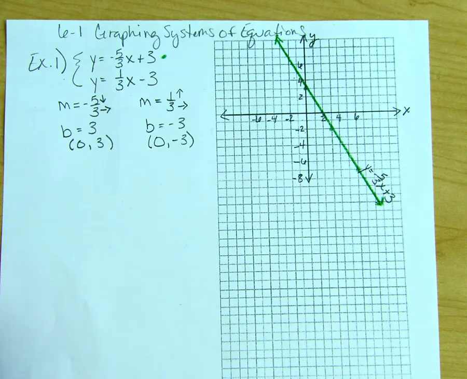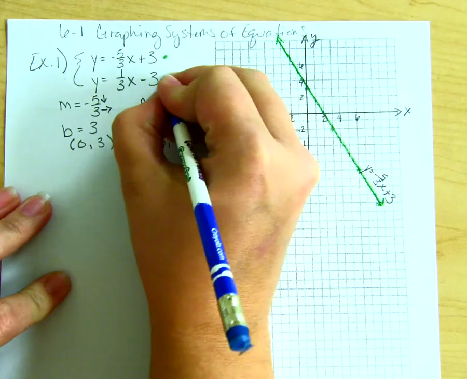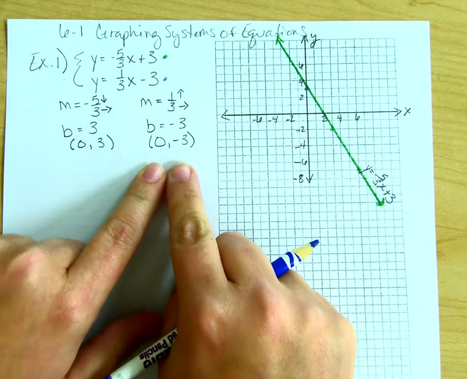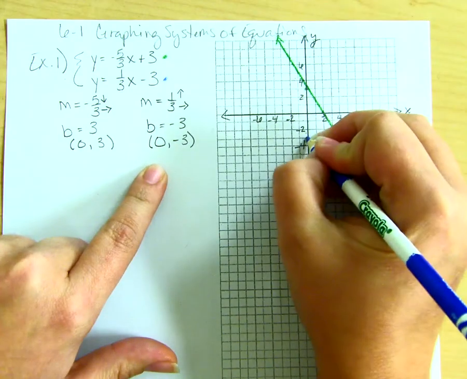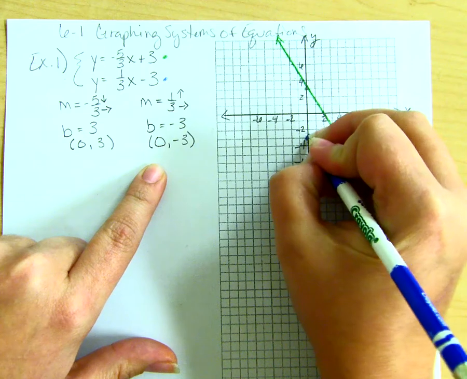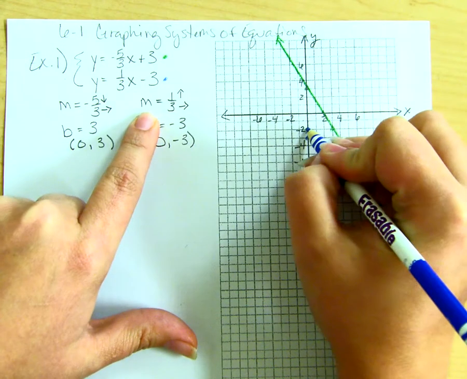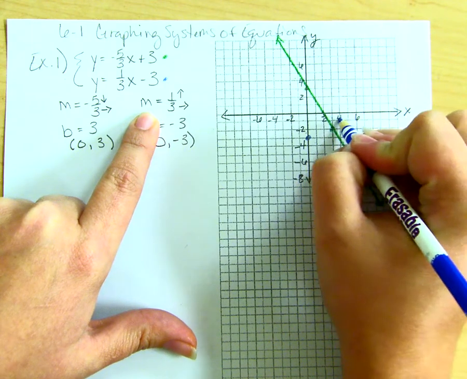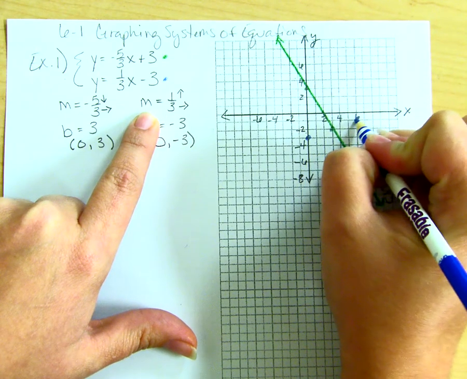Then I'm going to graph the second line in a different color. I'm going to graph it in blue. My y-intercept is 0, negative 3. So this time I'm going to start down here at negative 3. My slope tells me to count up 1 to the right 3. Up 1 to the right 3.